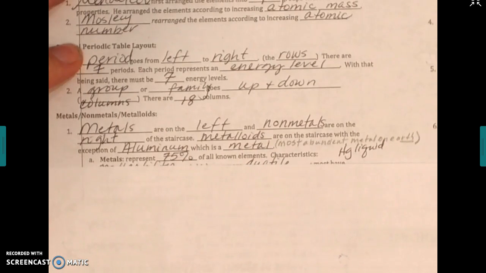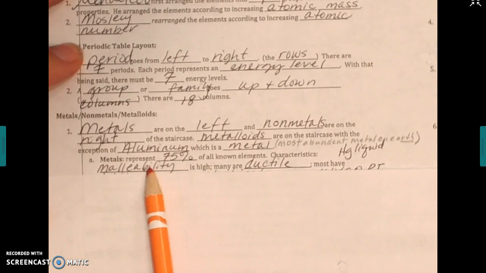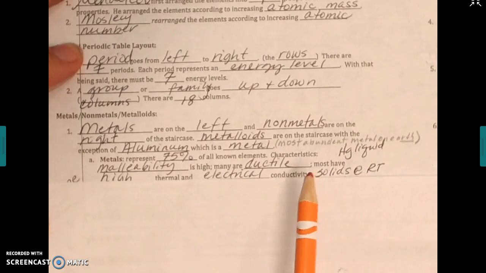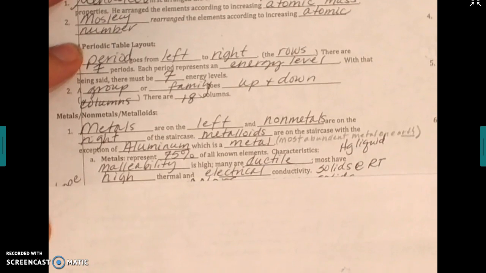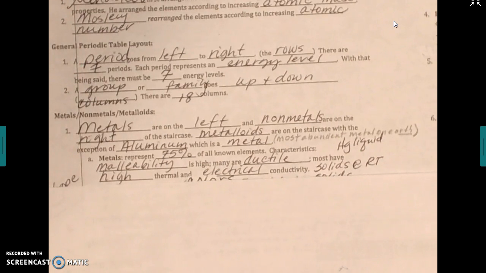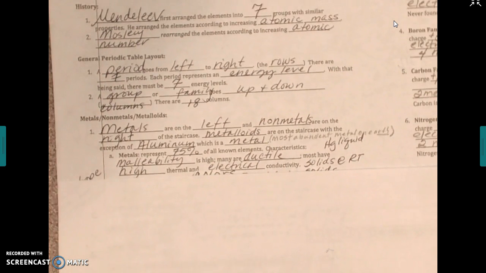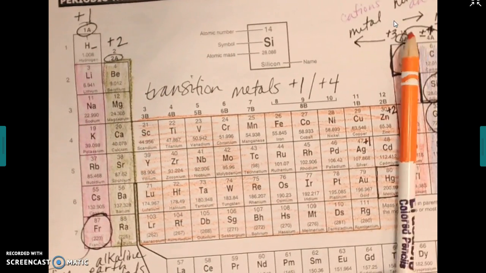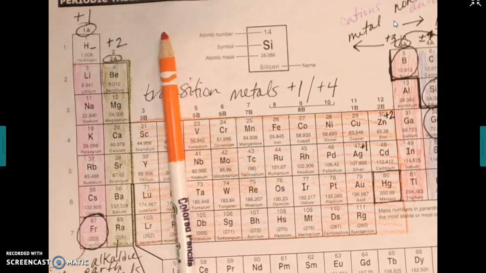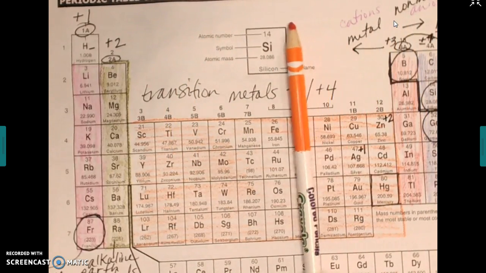Metals represent 75% of all known elements. Characteristics: they have high malleability, many are ductile, most have high thermal and electrical conductivity. They're solids at room temperature with the exception of mercury, which is a liquid. Now let's look at the periodic trend. As we go to the left, the metallic properties increase.